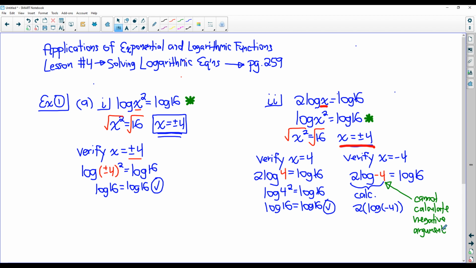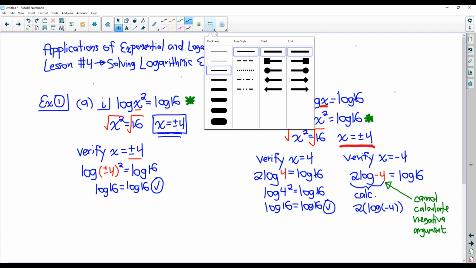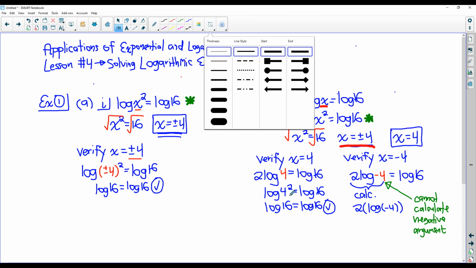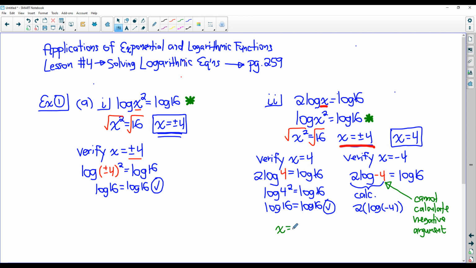So that makes the solution x equals negative 4 an extraneous solution. So the only true solution to this equation would be x is equal to positive 4. Okay, I can write down here x equals negative 4 is an extraneous solution.